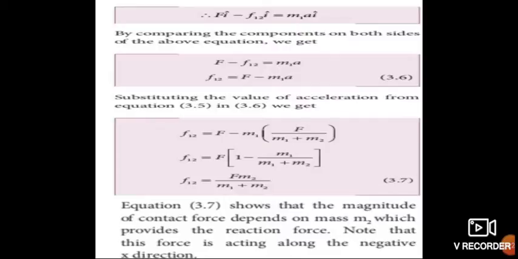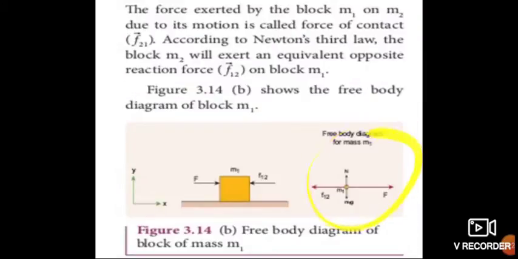From this, along the x-axis, we first apply Newton's second law. Along the positive x-axis the external force F is acting, and along the negative direction of the x-axis F12 is acting.